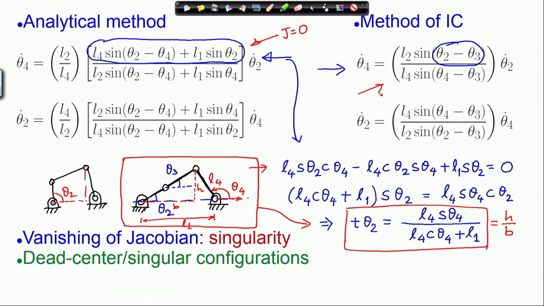The analytical method, of course, is going to give you the same configuration, but to understand that you will have to do a few more manipulations with the Jacobian. So, here I have demonstrated what you have to do to correlate the singular configurations from these two Jacobians.